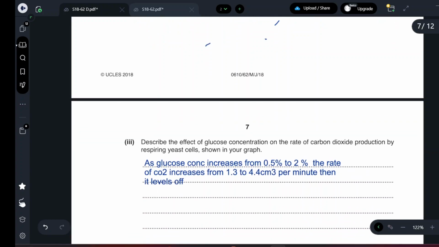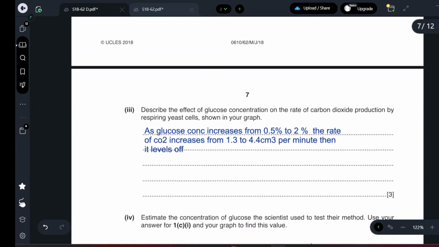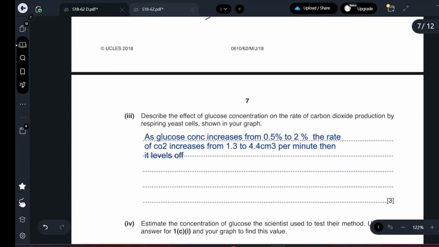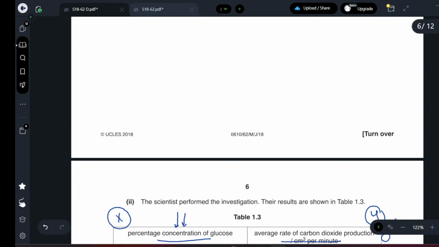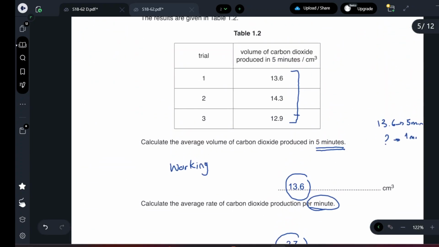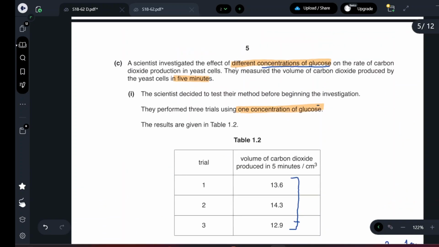This is a description for the question. Glucose increases from 0.5 to 2, the rate of CO2 increases per minute, and then it levels off. Estimate the concentration of glucose the scientists used to test their method, using your answer in 1 C I. We said here that he tried the method using one glucose concentration, but he didn't give you this concentration.